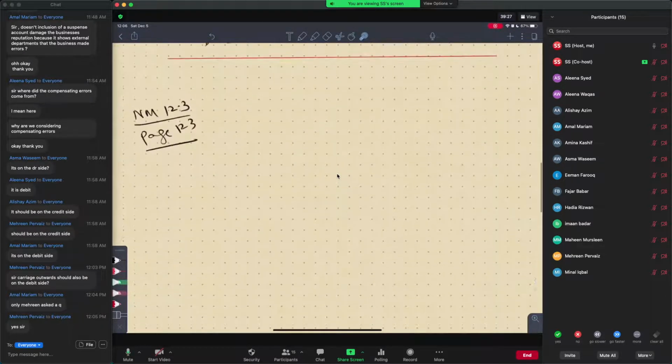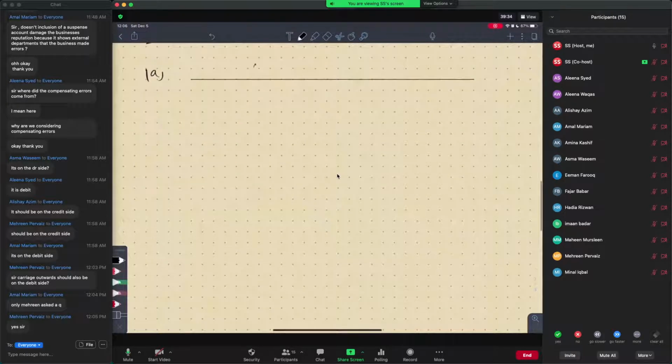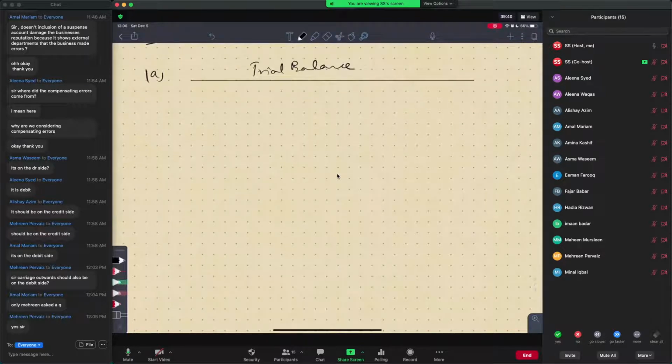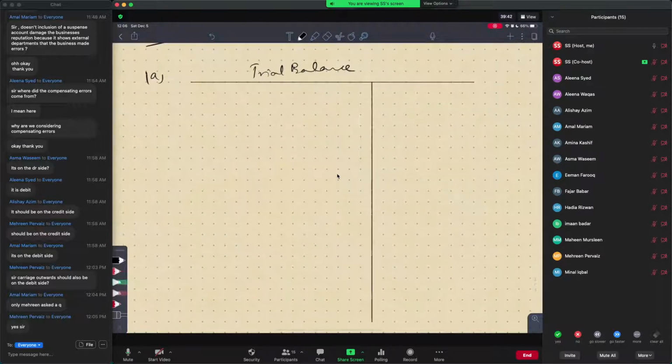So for part A, we are going to be making a trial balance before corrections. We are going to put all the entries here on their appropriate side, debit and credit side.